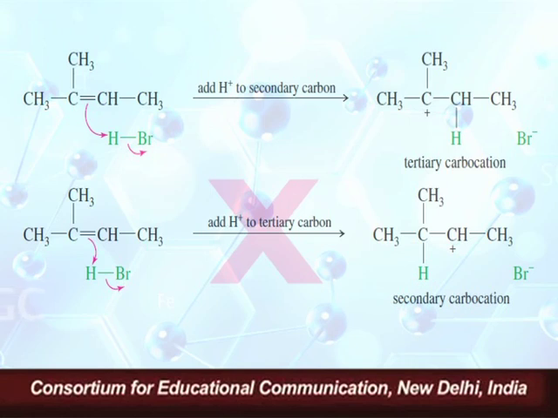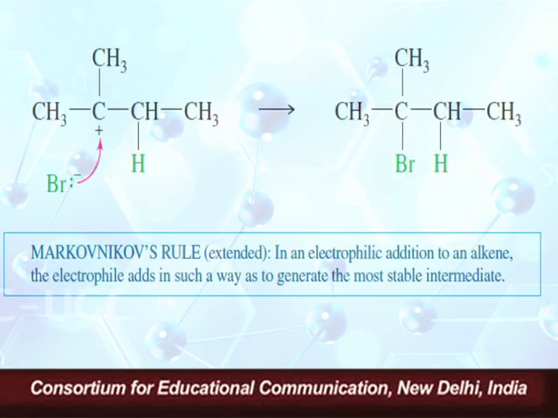And the 2 methyl groups which are attached to the tertiary carbon will also stabilize this carbocation through plus I effect and through hyperconjugative effect, as a result of which the positive charge is delocalized. Hence, this pathway is the favored pathway.